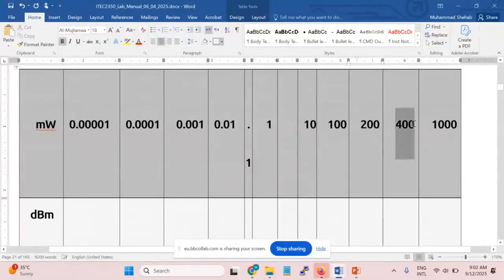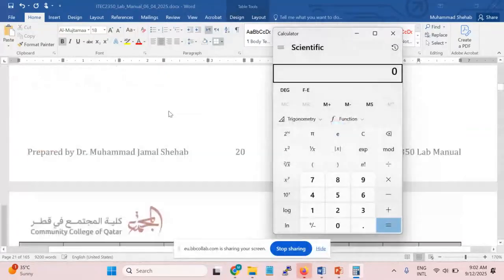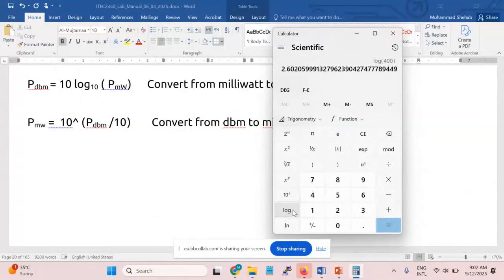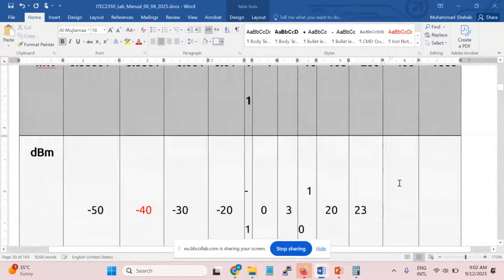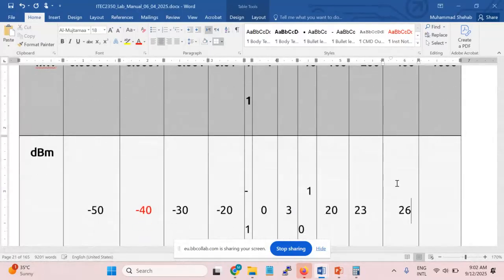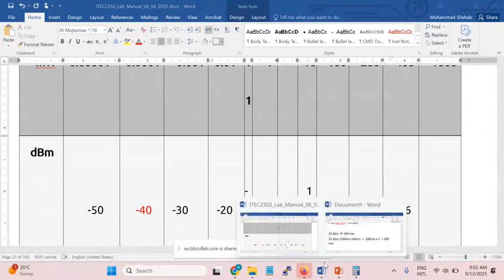Now 400. First, I will use the calculator. 400 in milliwatt. I will take the log of 400, 2.6 times 10, 26. So if the power is 400 milliwatt, in dBm it is 26. But can I solve it analytically?